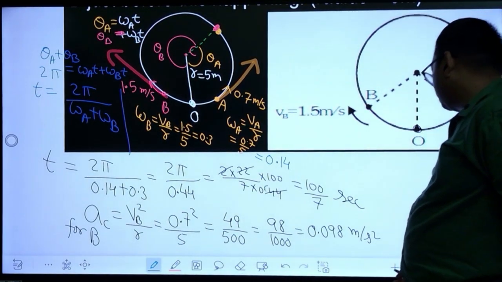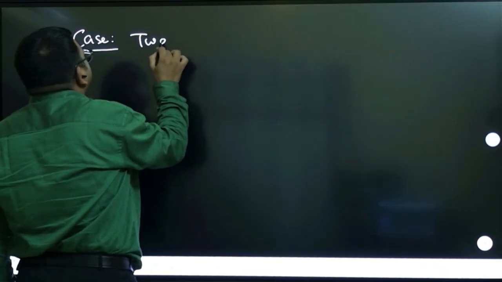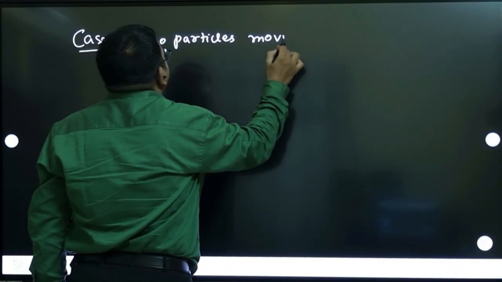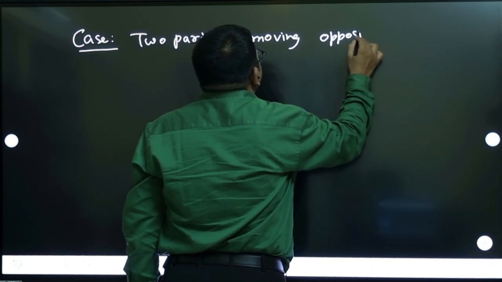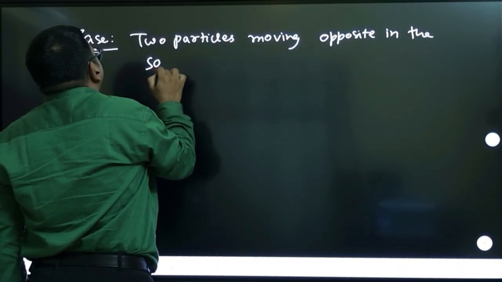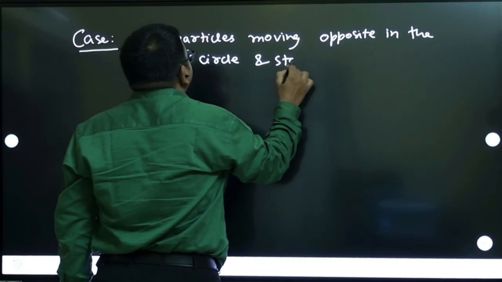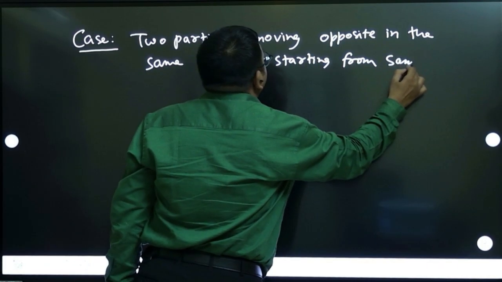Okay, let's think about it. Suppose two particles are moving, so we are taking a particular case, that two particles are moving opposite in the same circle, and starting from the same point.